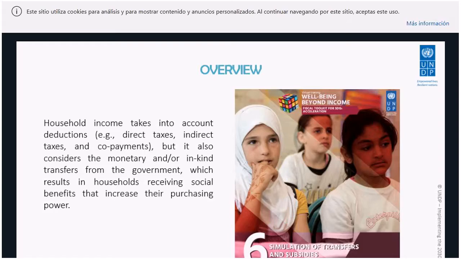Who are the beneficiaries? What are the rules, even the legal rules, on which these programs and policies are based? So we can properly identify the target population in our household data set, right?